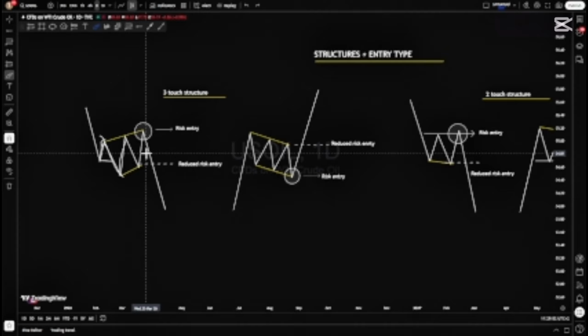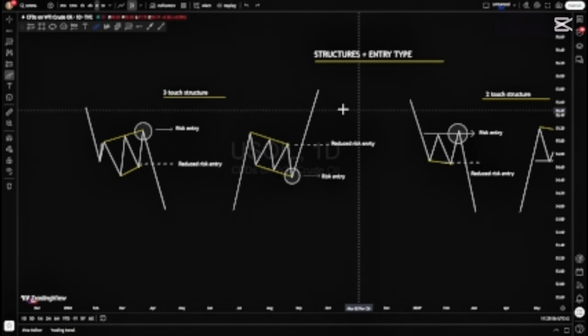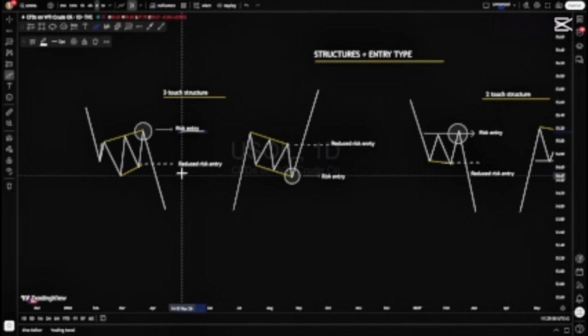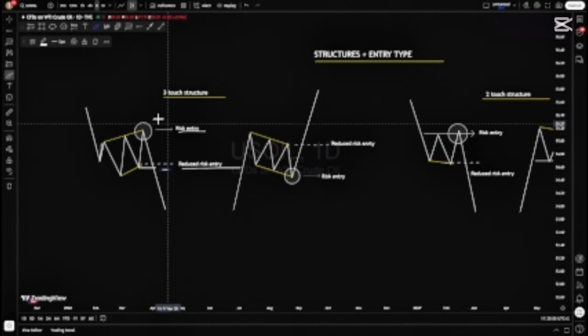For the entry type, we have two entry types, right? Our risk entry and our reduced risk entry, whereby you take the entry when price breaks this low. When price breaks this low, you put your entry right there. But the red flag about this one is that the stop loss must be above the candlestick. Always, the stop loss must be above the candlestick.